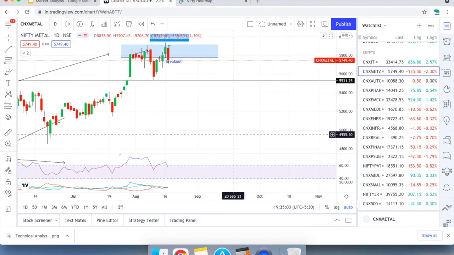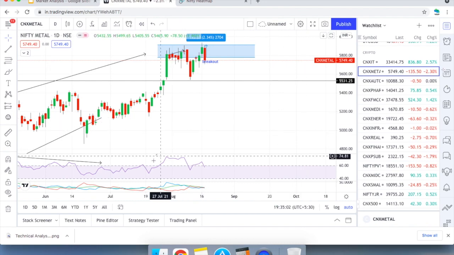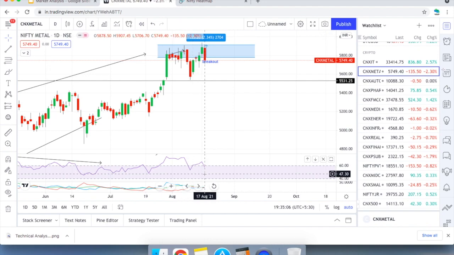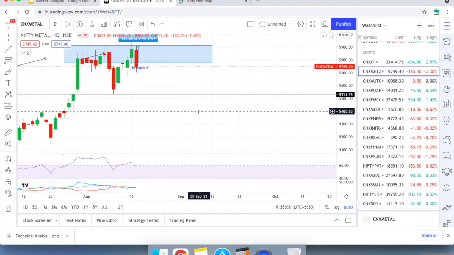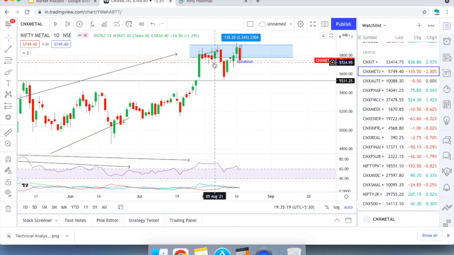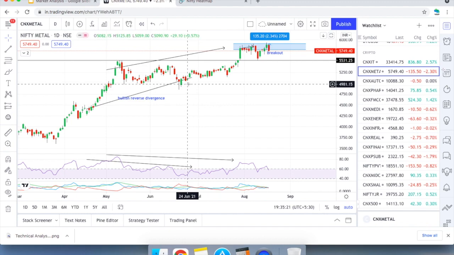Now metal had turned bullish, but again it's zigzagging. Now it's losing the momentum. It cannot just go up, and today it slipped down again with a wide range bearish candle. Here also you have to get the confirmation that this zone of resistance, where it is consolidating for some time, has to break out.